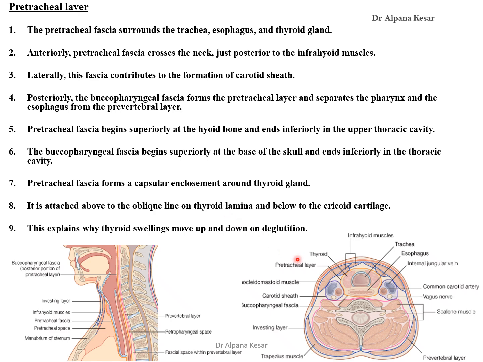Since the thyroid gland capsule is attached to the larynx, at the time of deglutition, when the larynx moves up and down on swallowing, the thyroid gland also moves up and down, which explains why thyroid swellings move up and down on deglutition.